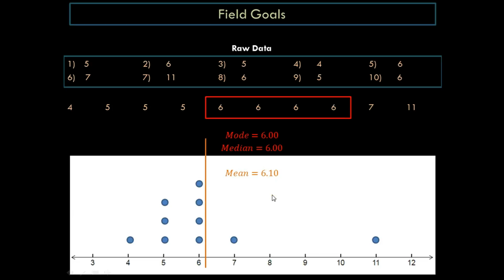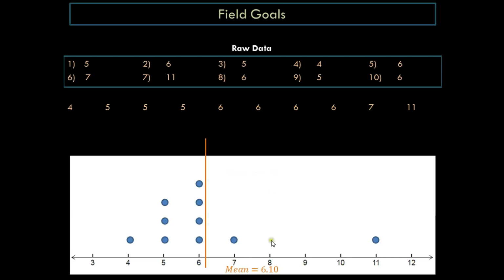So what is the mean? Take a look at this computation. Again, the mean is 6.1, so it is somewhere here. If we add the difference of each of these with respect to the mean, for example, 4 minus 6.1, 5 minus 6.1 times 3, because it occurred 3 times, and 6 minus 6.1.